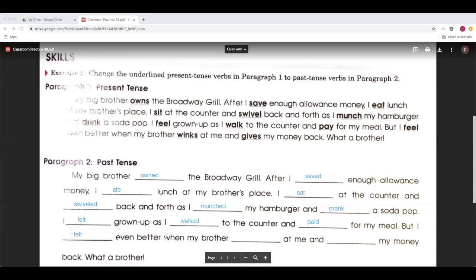Even better when my brother winks turns into winked at me, and gives turns into gave my money back. What a brother. Okay, pause this if you need to because I'm going to clear it out.